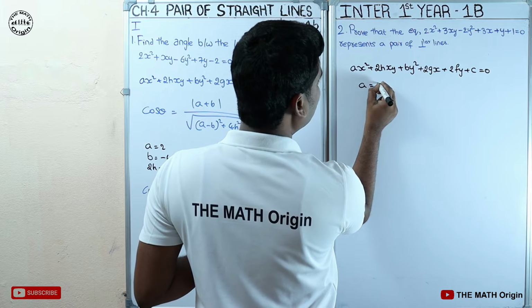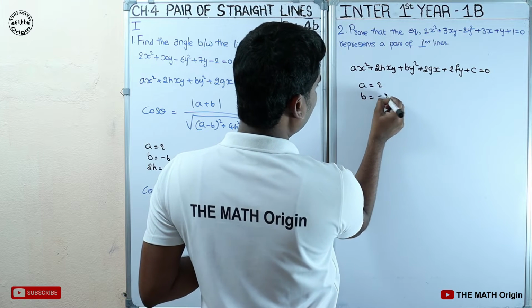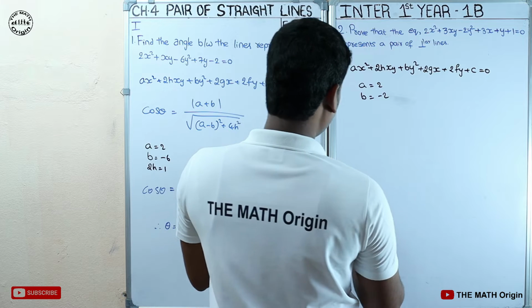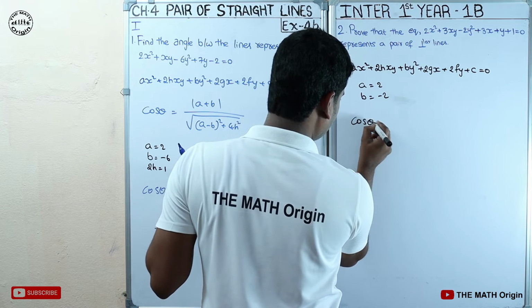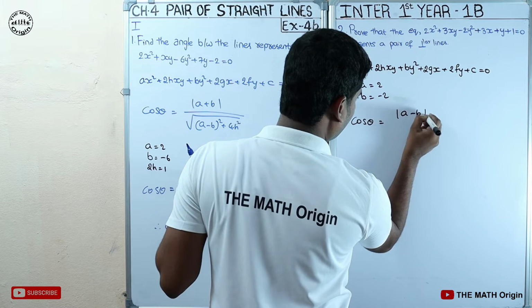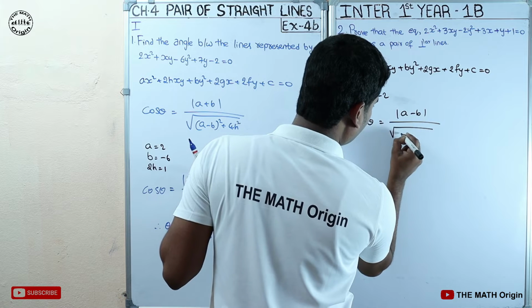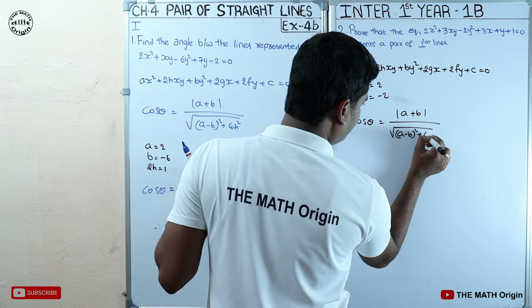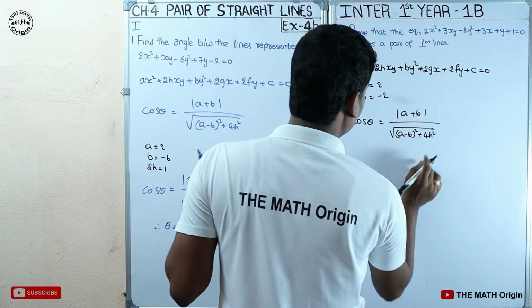So a equals 2, b equals minus 2. The formula is cos theta equals modulus of (a plus b) by root of (a minus b) whole square plus 4h square.